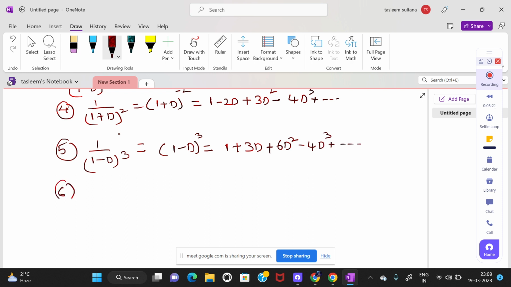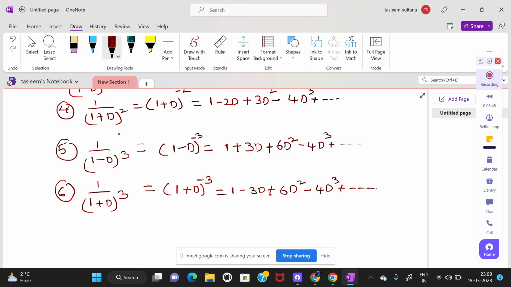Then sixth will be 1 divided by 1 plus D whole cube, which is going to be alternating: 1 minus 3D plus 6D square minus 10D cube plus so on. So these are the expansions we frequently use for rule 3.